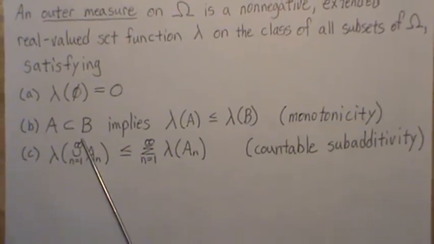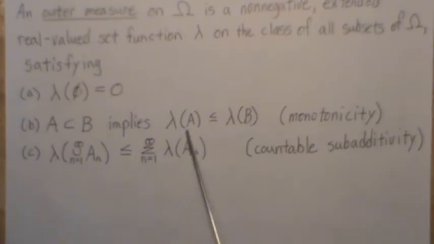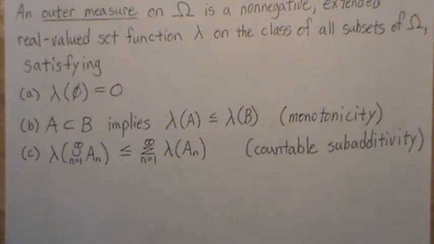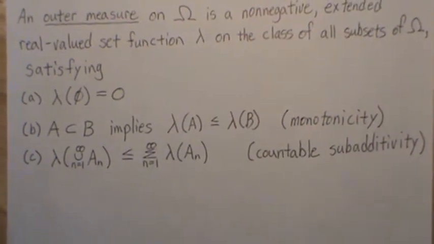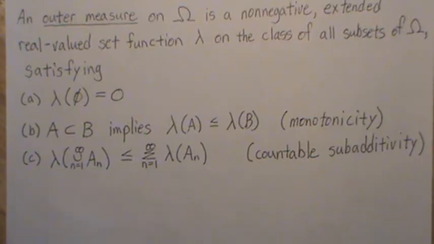A is a subset of B implies that the measure of A is less than or equal to the measure of B. That's monotonicity. And then the measure of this infinite union is less than or equal to the sum of the measures of the sets A_n. This is called countable subadditivity. If the set function lambda satisfies these three properties, then it's an outer measure.